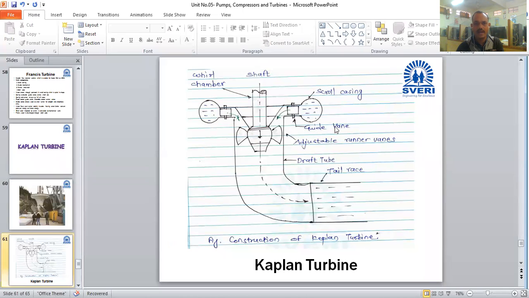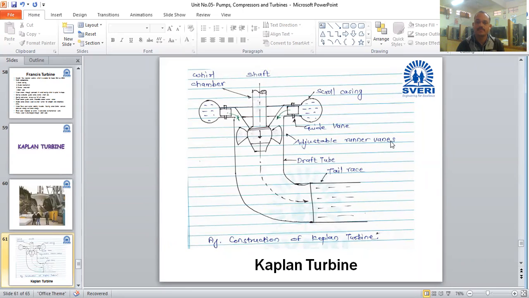The function of the guide vanes is to give direction to the water towards the turbine, and the scroll casing carries water from the dam towards the turbine. The scroll casing here is the same as we have seen in the Francis turbine. The same scroll casing can be used here also.